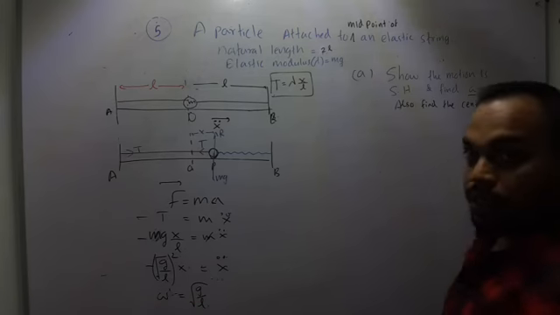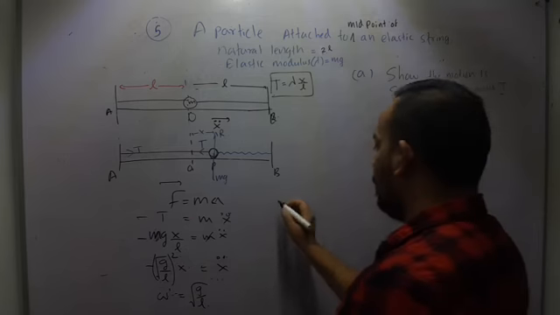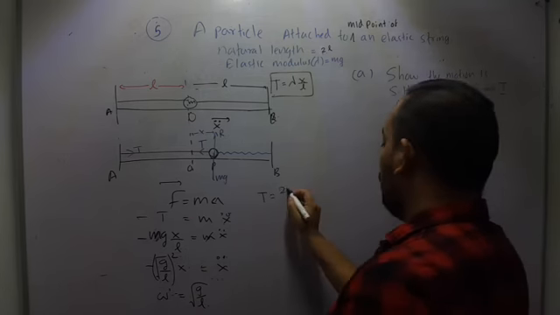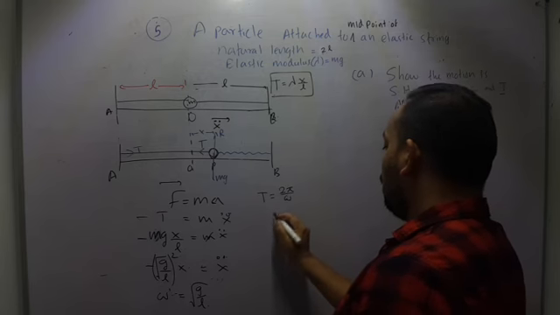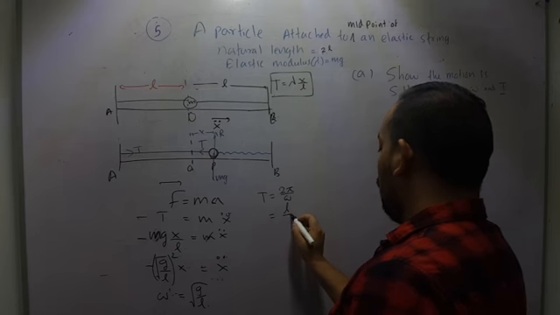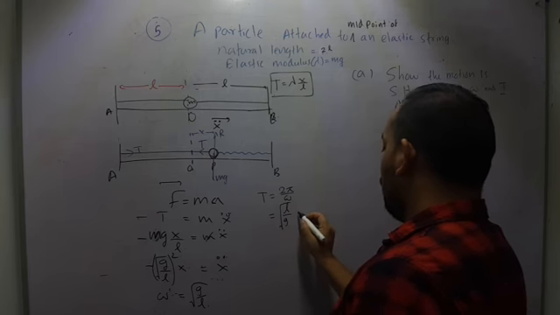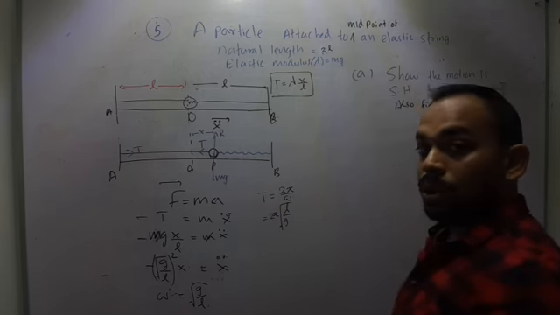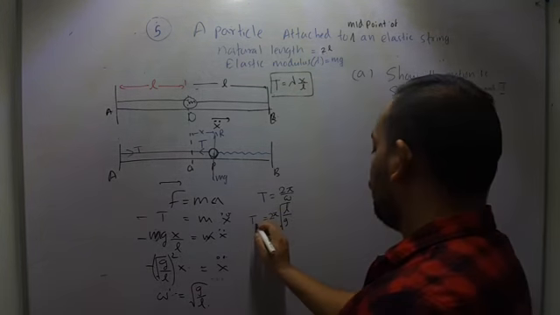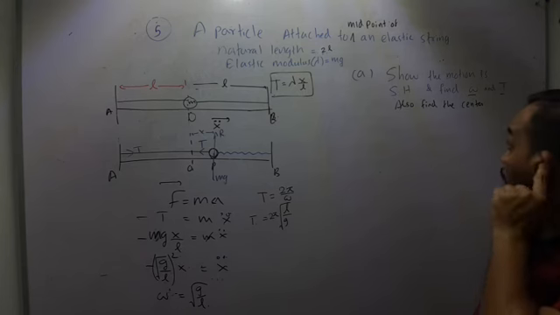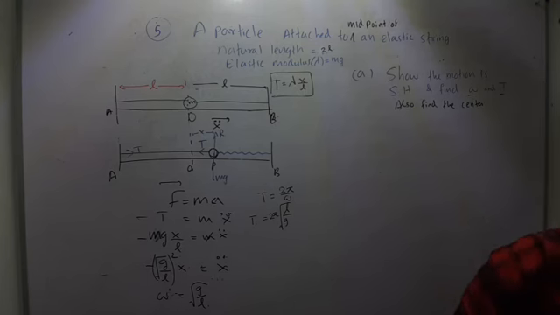Then the period time is T equals 2 pi over omega, which is equal to root L over g times 2 pi. Right. So that's about it for part A. So we'll meet again with part B.